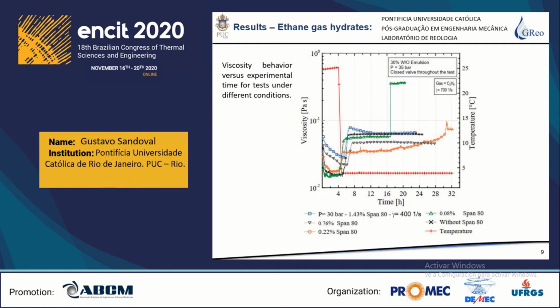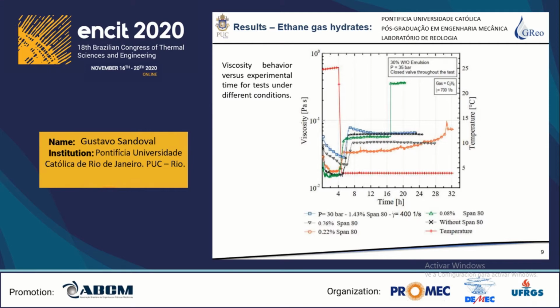Okay, now I'm going to explain the results obtained with the system presented above. Our results are exhibited through viscosity curve as a function of the experimental time, and on the right axis of the figure we can observe the temperature, represented by the red line. Initially, our experiments were conducted at 25 degrees Celsius for 4 hours. This step is known as the dissolution period, and is when the gas dissolves in the emulsion.